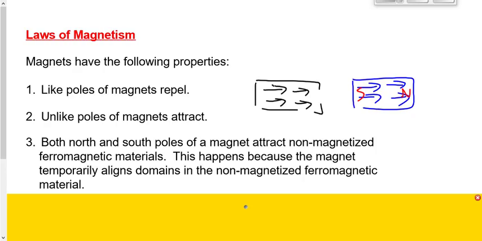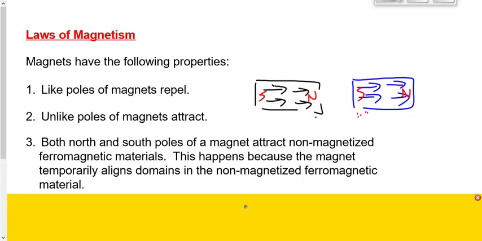So this thing that was just a second ago not magnetized now develops a polarity, a north pole and a south pole, and you notice the side that's closest to the thing doing the magnetizing is opposite, so they're going to attract each other.